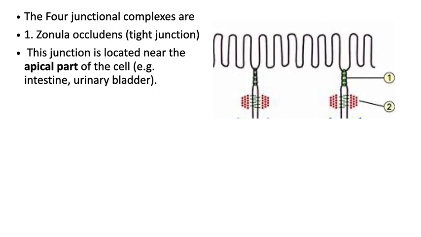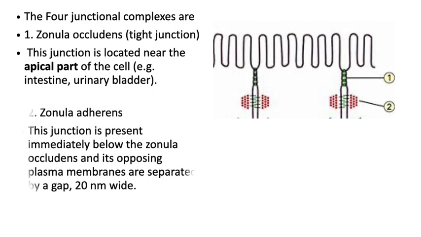The four junctional complexes are: first, zonula occludens, which means tight junction. This junction is usually located near the apical part of the cell. This one is a tight junction. Zonula adherens.